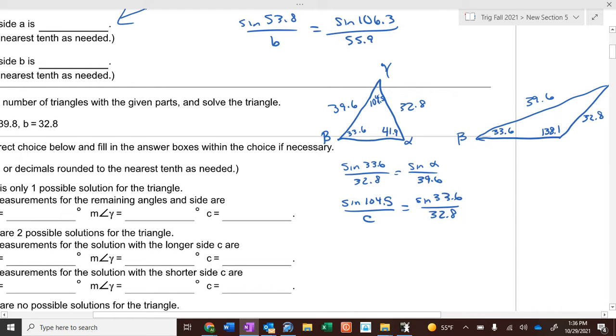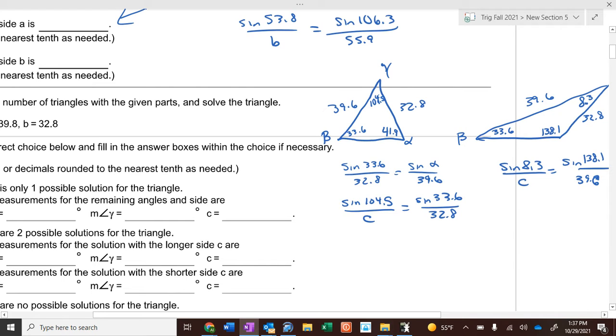And you get, what? 8.3. I knew it was a pretty small number, 8.3. And then it's just simply sine of 8.3 over the opposite side, C, equals the sine of 138.1 over its opposite side, 39.6.